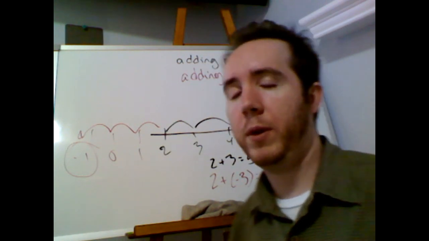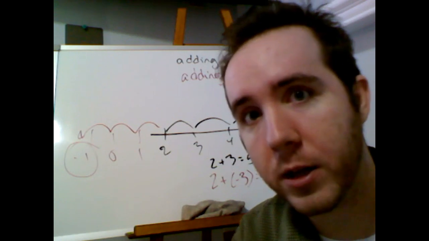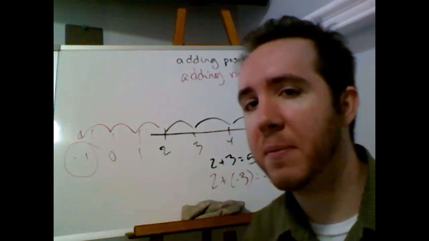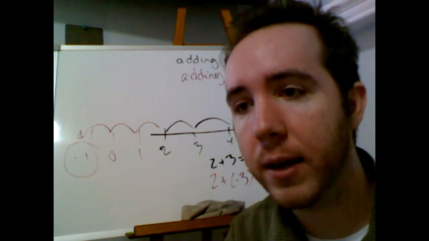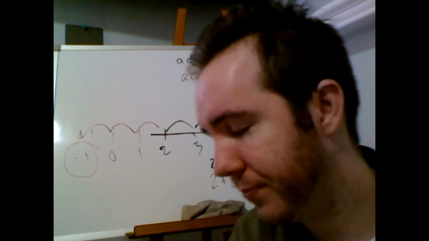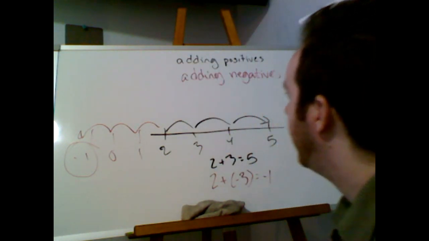So we know that when we do an operation, our additive operations, addition and subtraction, anytime you do an operation with a negative, it's just the reverse direction from a positive. Okay?